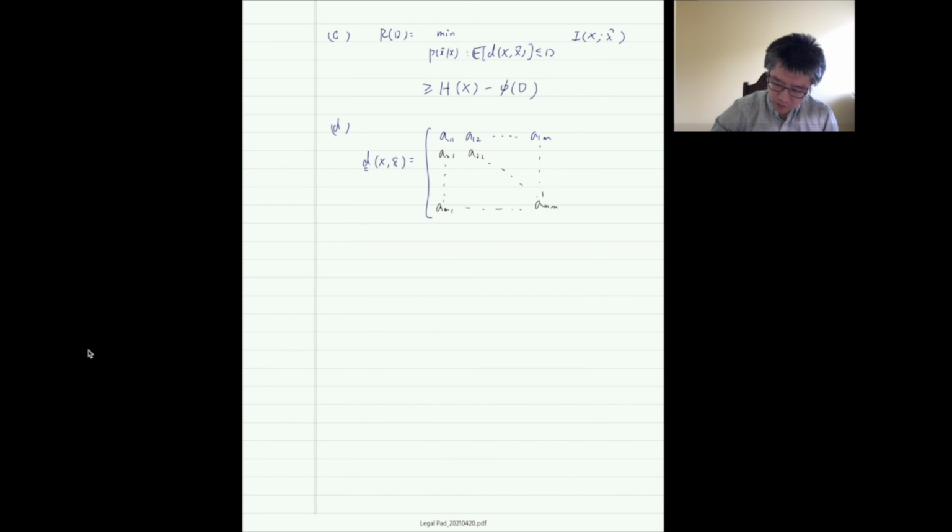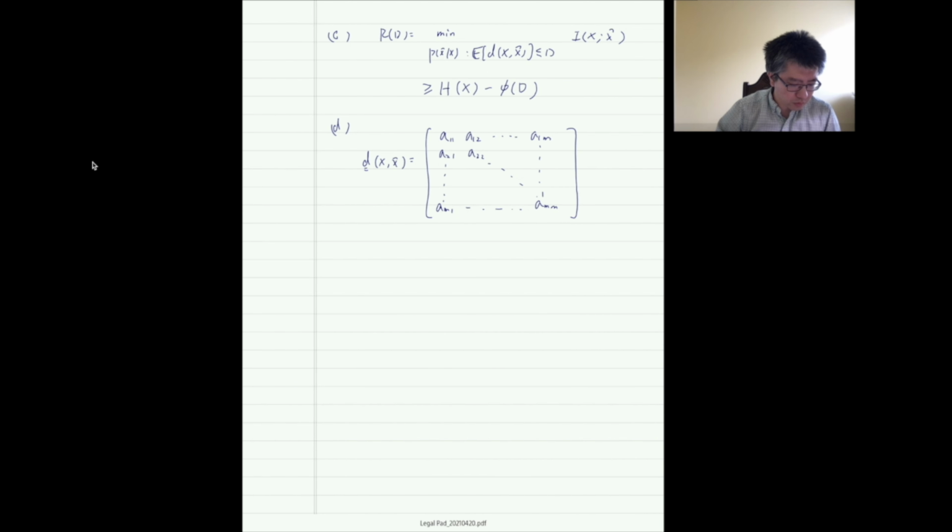So this is our distortion matrix. We know that the columns are permutations of each other, which is given from the original problem statement. But now in part D, we know the rows are also permutations of each other. This is very important for our proof.